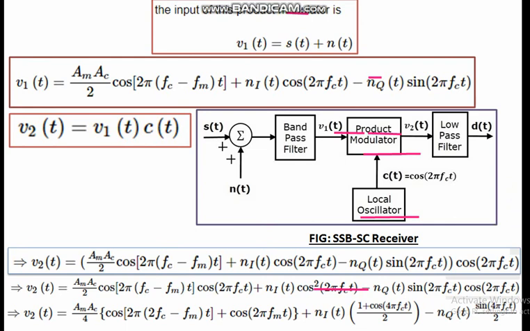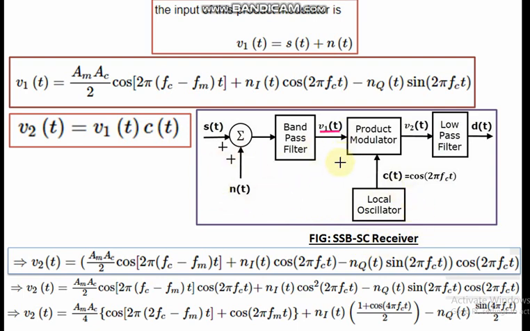Now here we have to go through the complete calculations for the SSB-SC receiver at the receiver output. Here I have shown the single sideband suppressed carrier receiver model for analyzing noise.